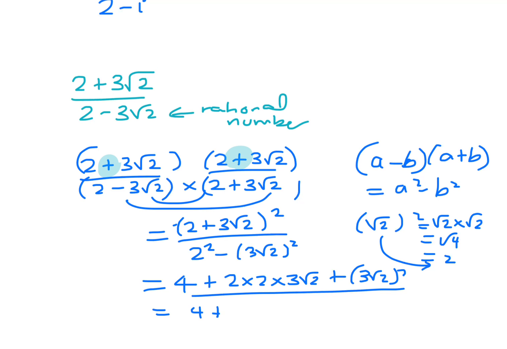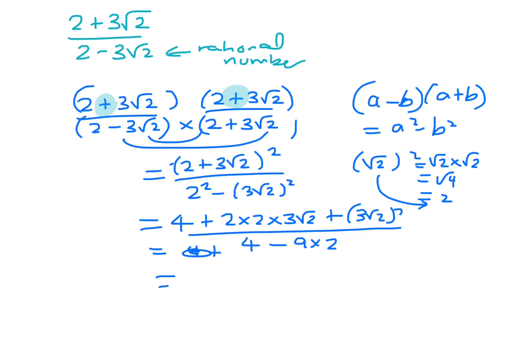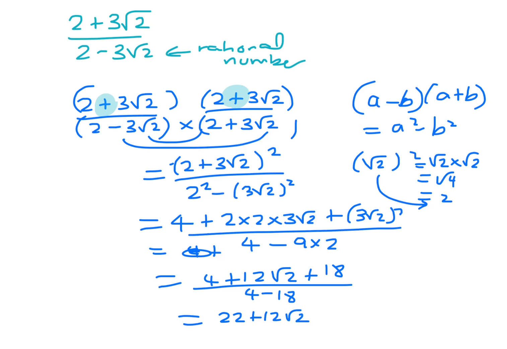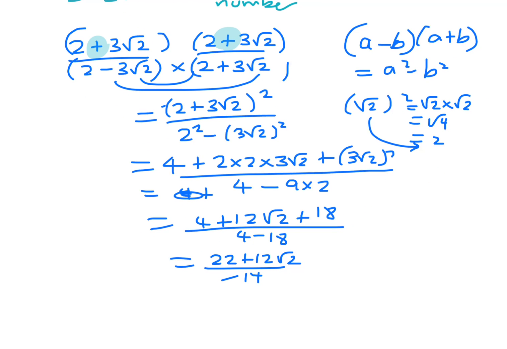So it's going to be 4 plus, and on the bottom you'll have 4 minus 9 times 2. Then 2 times 3 is 6 root 2, plus 9 times 2, which is 18, over 4 minus 18, so you get 22 plus 12 root 2 over minus 14.